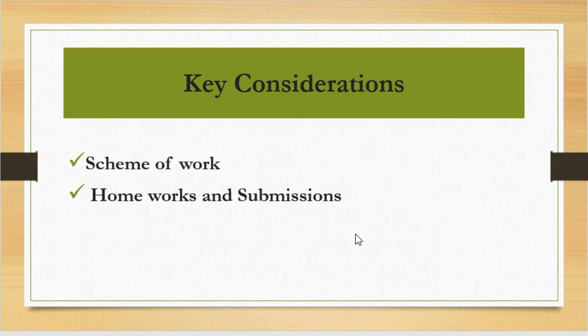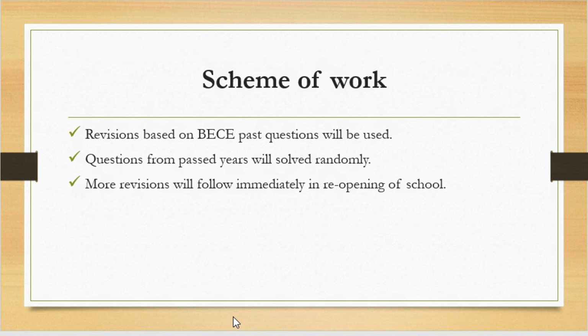We will discuss two key considerations: the scheme of work, and homeworks and submissions. I know you'll be wondering what the scheme of work will look like. You are writing an exam and your scheme of work will be based on past questions.